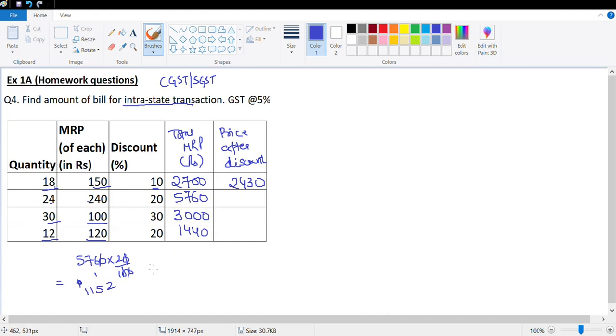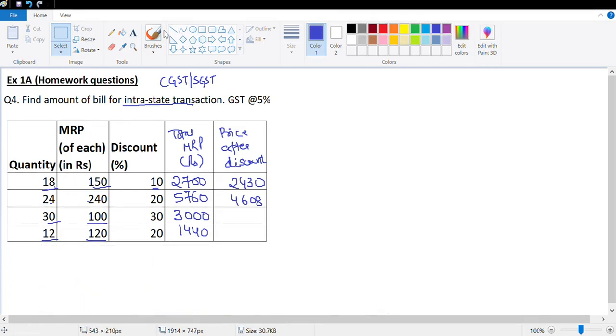The final price will be 5760 minus 1152, which is 4608.